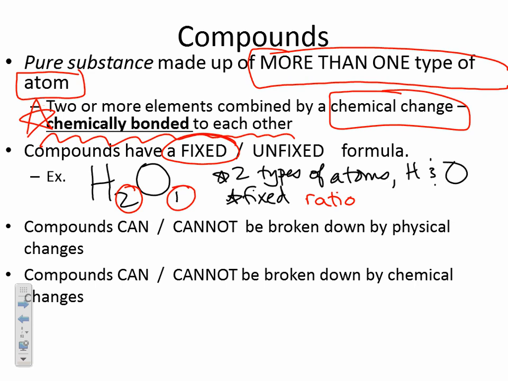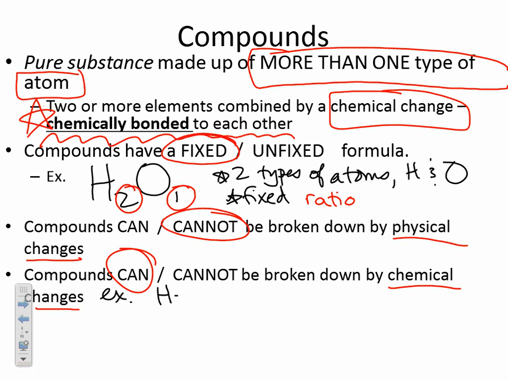Compounds cannot be broken down by physical changes, but they can be broken down by chemical changes. So you can do a chemical reaction. For example, you could take water and you could break it down into the hydrogen and the oxygen. This is a chemical change.